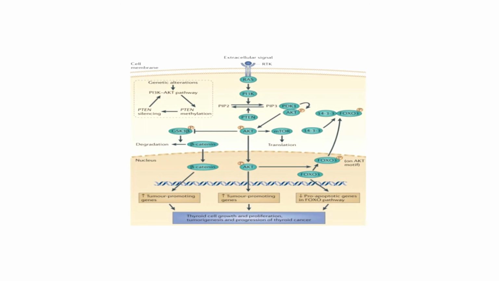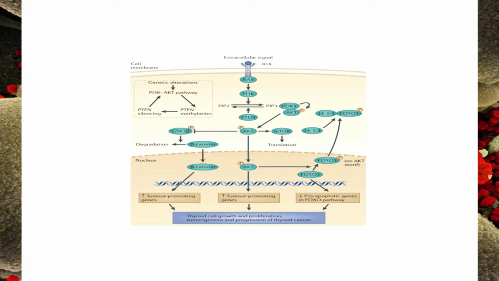The downward arrow for the FOXO3 activities in the nucleus in the figure indicates this negative effect of AKT on pro-apoptotic genes in the FOXO3 pathway, which would otherwise be upregulated. This unique coupling of phospho-AKT to the three pathways provides a powerful driving force for thyroid tumorigenesis.